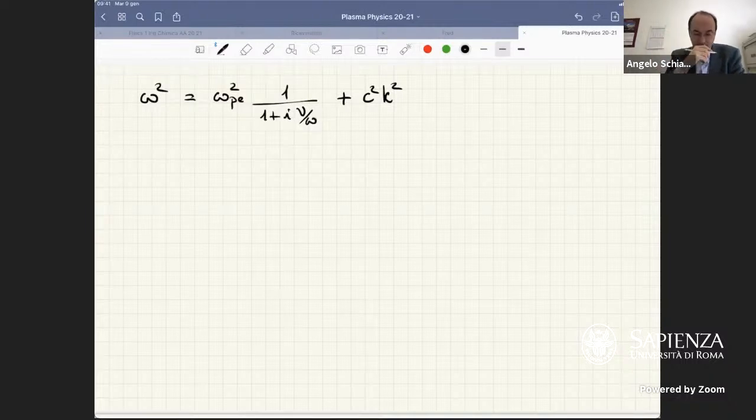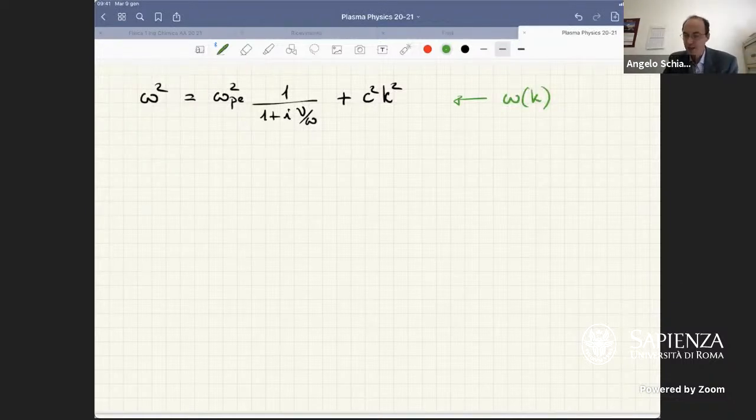And since it's complex, we'll be learning that the imaginary part will correspond to properties of attenuation or amplification of the wave, whereas the real part will correspond to the propagation, so the oscillation of the wave. This is the dispersion relation expressed as omega as a function of k.